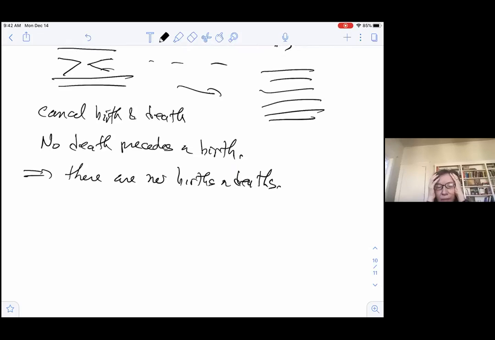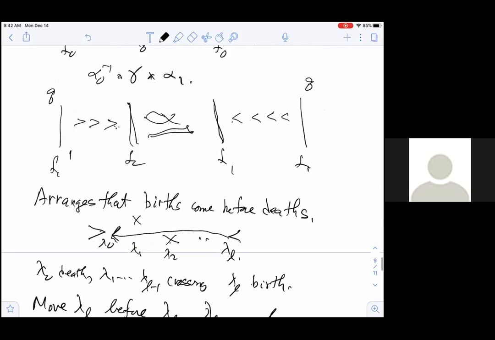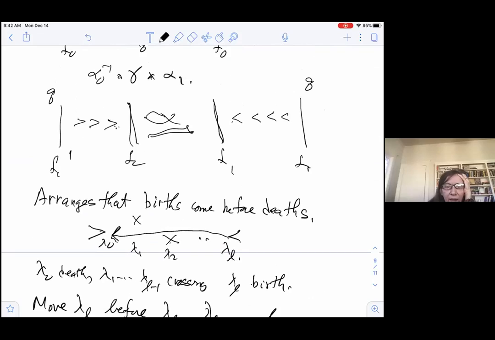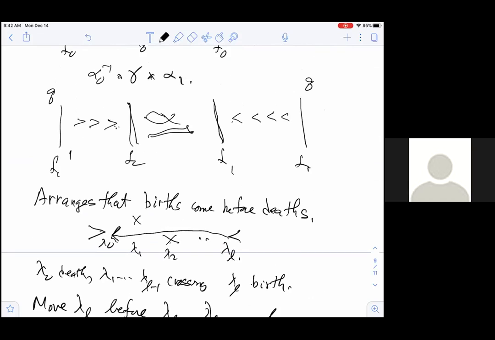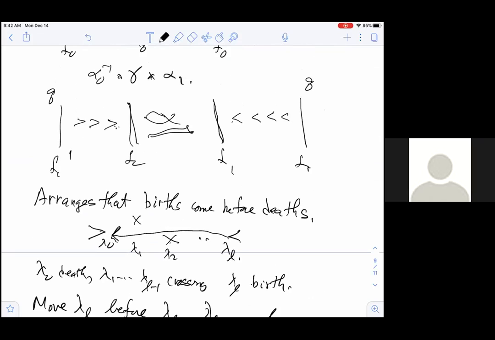So what's happened when... Can you decide what Q is? Q is the number of critical points of index I plus 1, which is also the number of index I. In the very center, right? Because you started with something without critical points. Well, yeah, there's no critical points here or here.